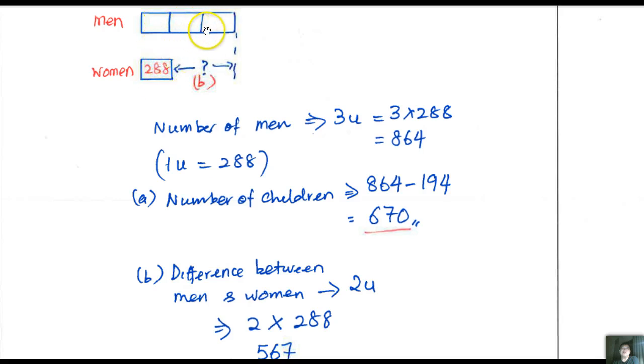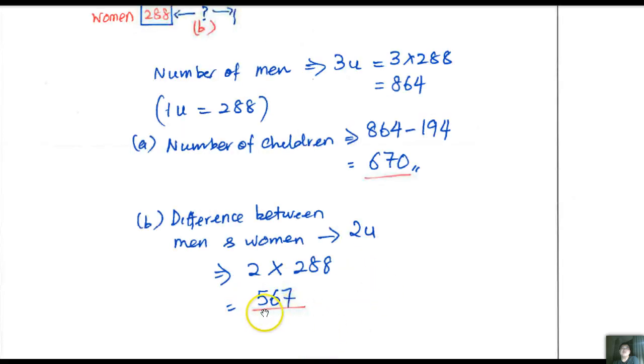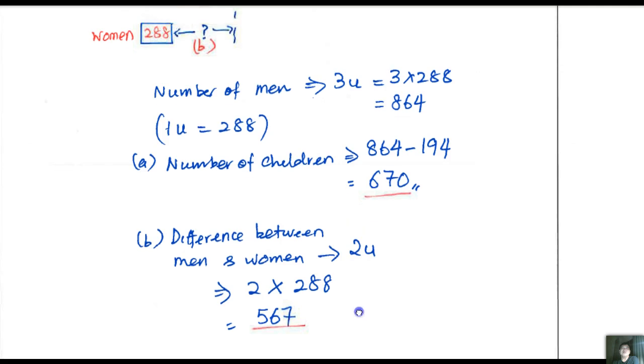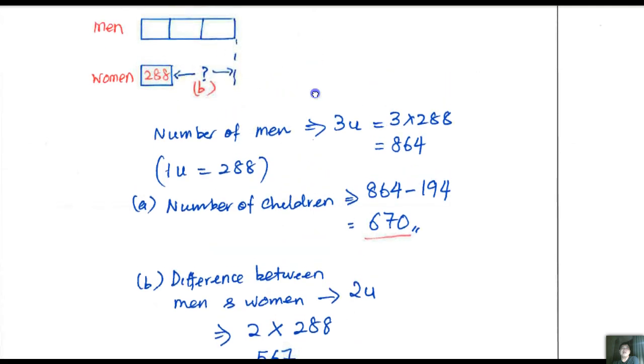This 2u is the difference. So the number over here is supposed to be 2 times 288. You can see 2u, 2u, right? Which is 576. So the number of men more than the number of women is 576, which is 2 times 288.